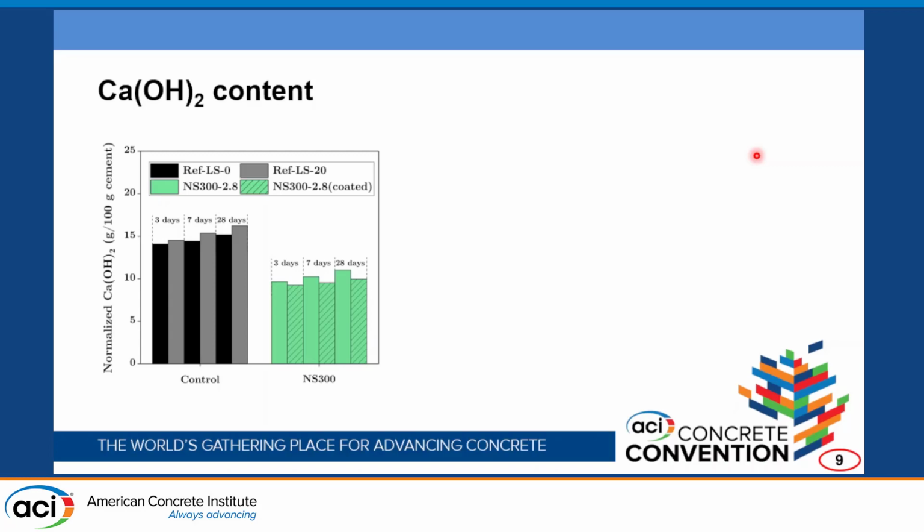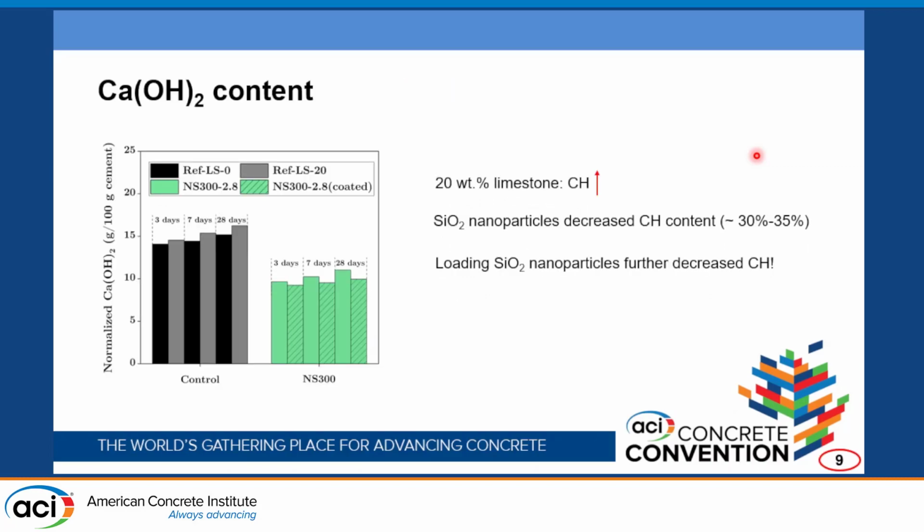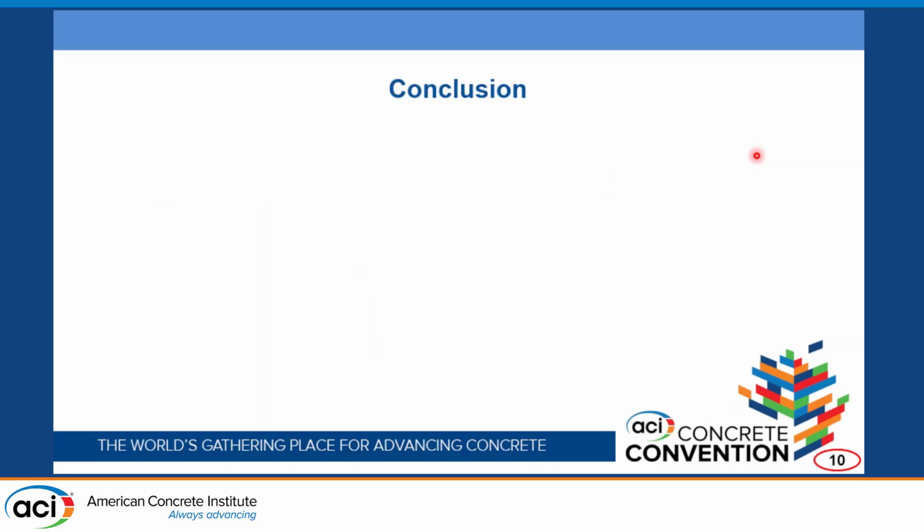And by using the coated nanoparticles, we get an even smaller CH, which is a further improvement due to pozzolanic activity. We can also see that with 20% limestone we get higher CH content, due to the acceleration of the hydration reaction.